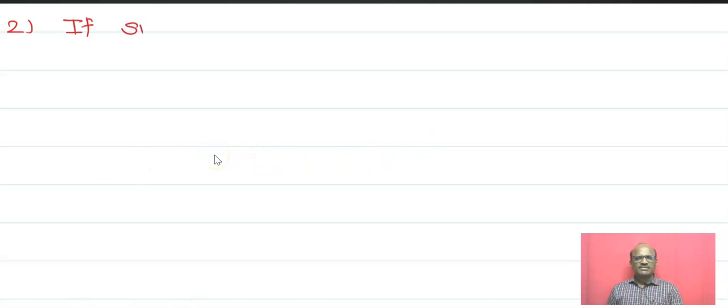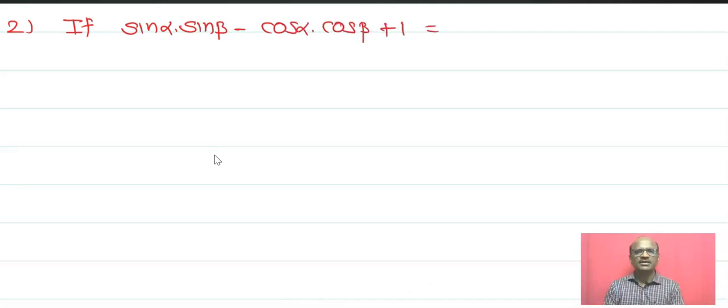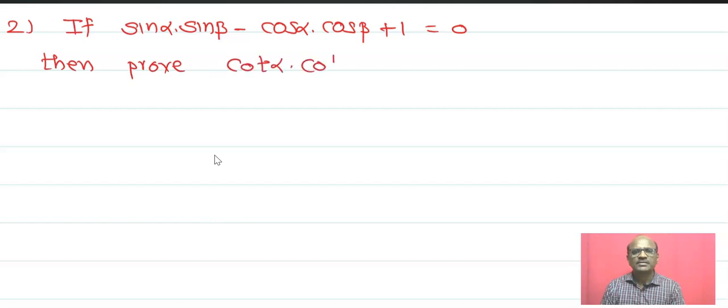Next is: if sin alpha into sin beta minus cos alpha into cos beta plus 1 equals to 0, then prove that cot alpha into tan beta is equals to minus 1.